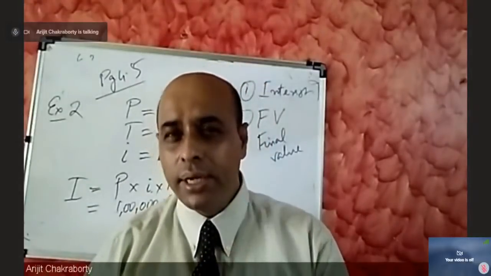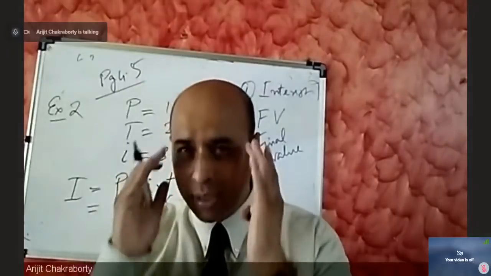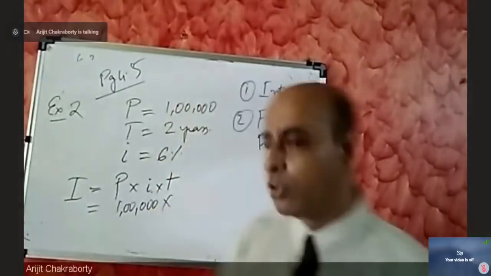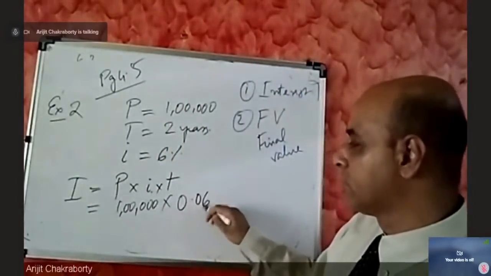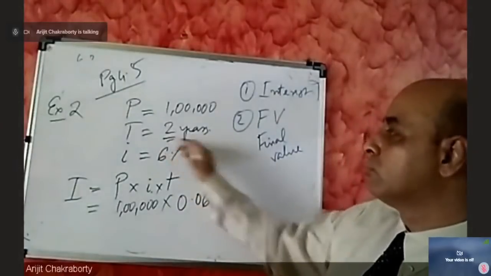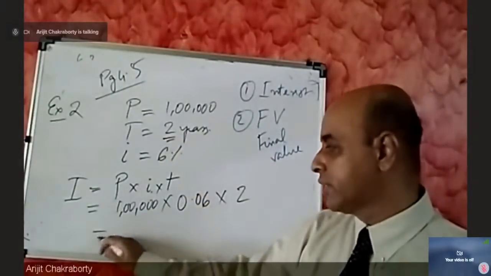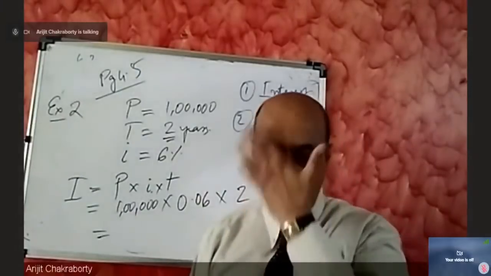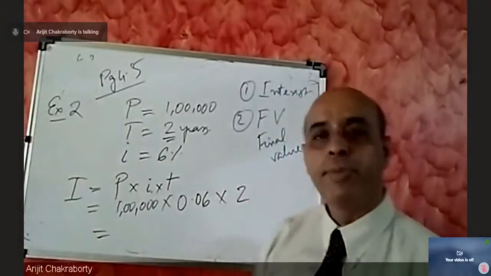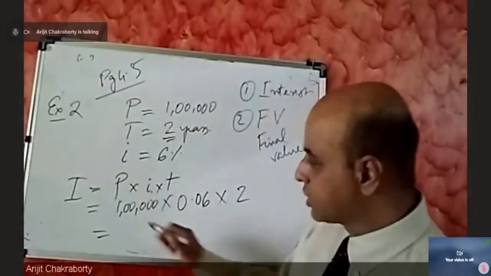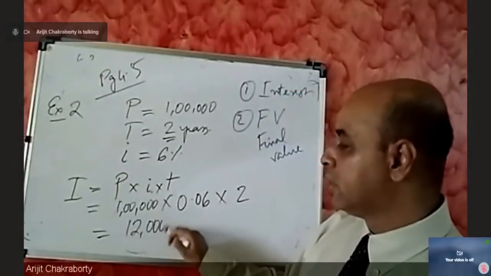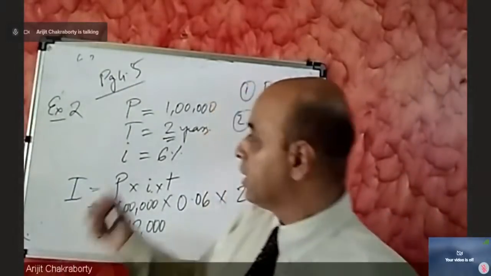So these you should be practicing so that you don't make a mistake. 6% means 0.06. 0.06 into 2 years. So this gives me how much? If you multiply, this gives me 12,000. So I earn 12,000 rupees as interest.